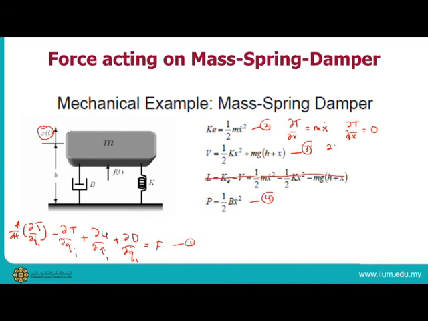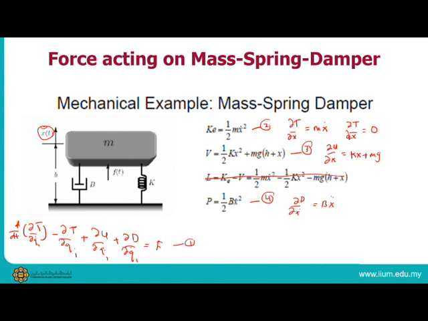So du over dx should be equal to kx plus mg, and then mgh, if you differentiate with the x, you get 0, right? Right, so if you want to calculate the dd over dq dot, basically dd over dx dot should be equal to bx dot.